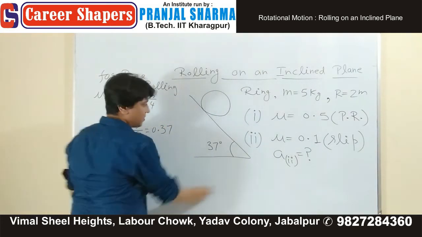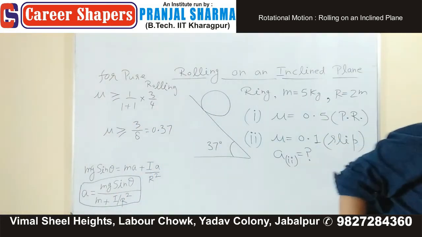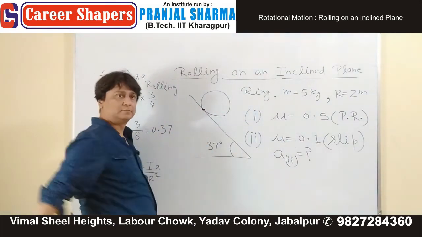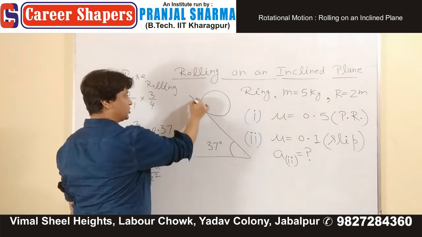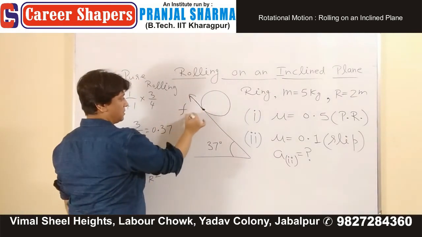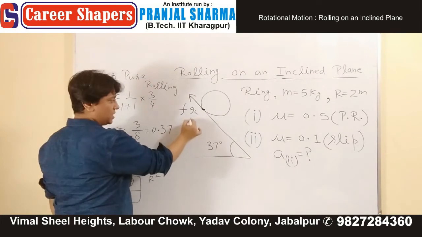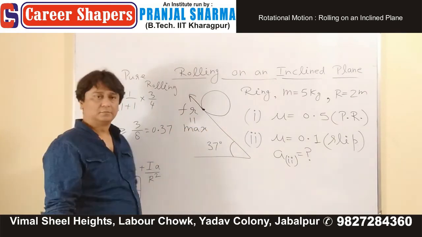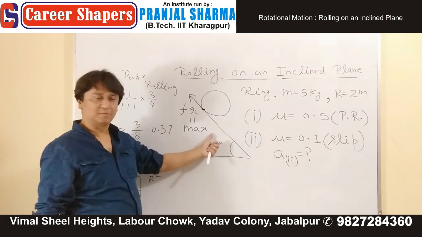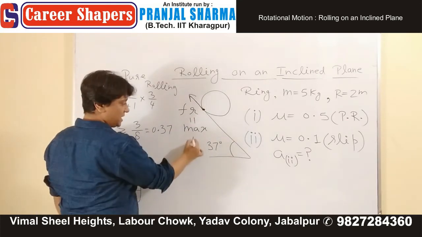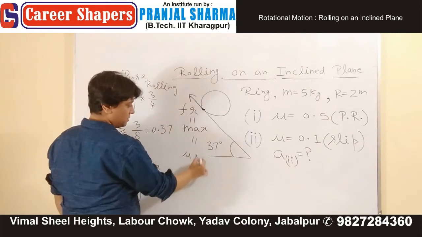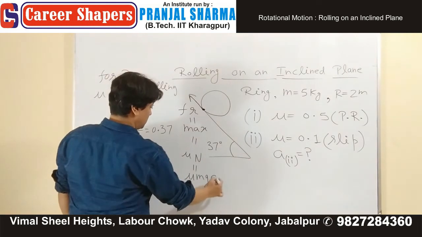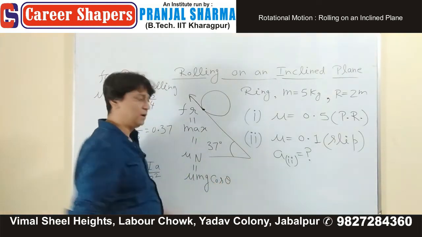Once I say that the contact point is going to slip, friction becomes maximum. If it slips, it becomes what? Maximum. What is the maximum friction? Mu N. What is that? Mu mg cos theta.